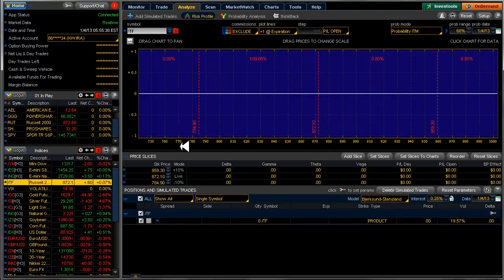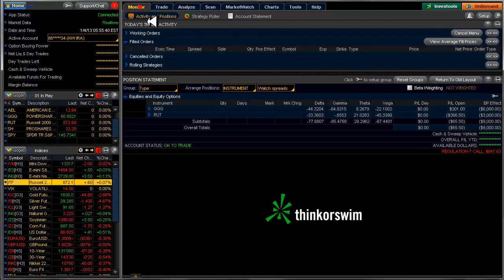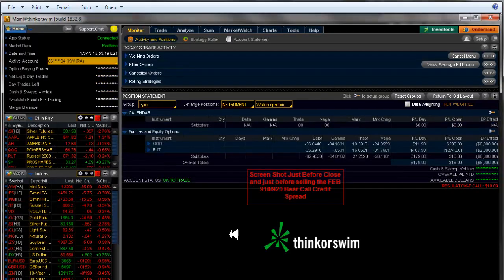Another thing that I wanted to show you, though, let's go back here to the monitor tab. What I did was I took a snapshot of the screen last night, just before. This was at 5:53, and you can see we were down 274 on the Russell, and this is just before the close and just before I did that bear call credit spread.